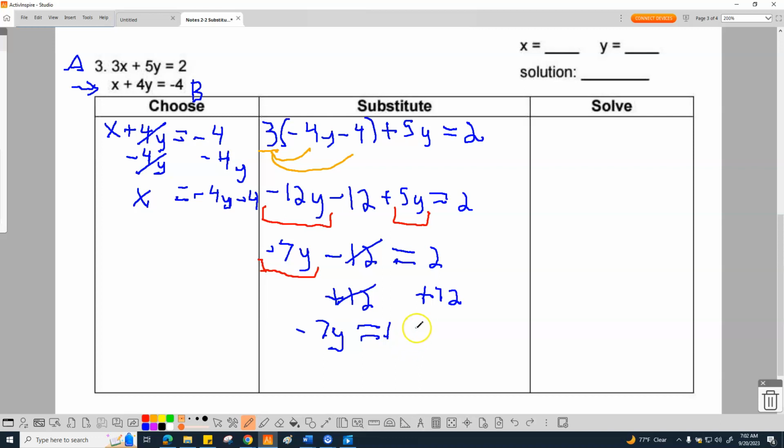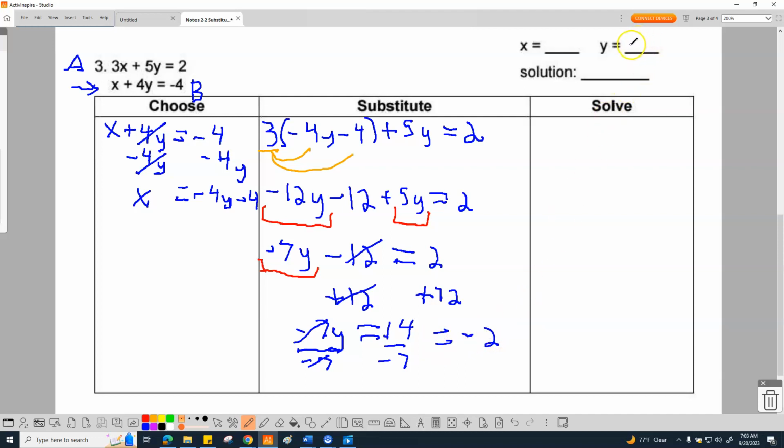That was a terrible 14, even for me. 14. There we go. I'm going to divide out the negative 7. Again, these are skills we in theory have mastered. And then this cancels out here. We're left with y equals 14 over negative 7, which actually reduces down to negative 2.